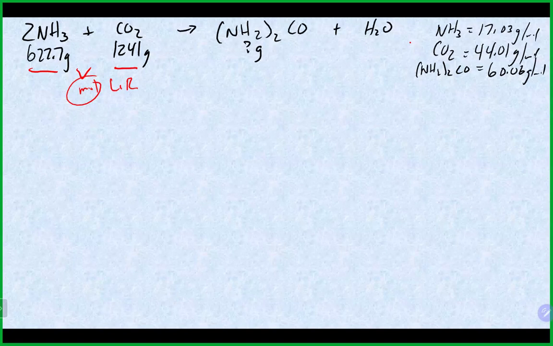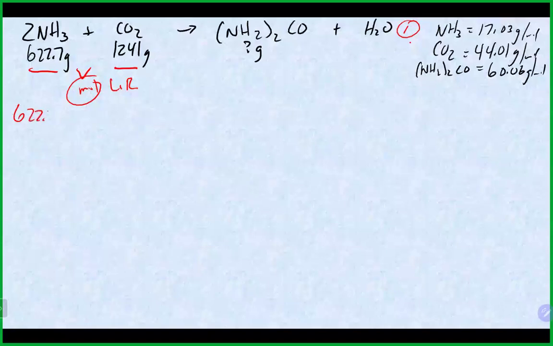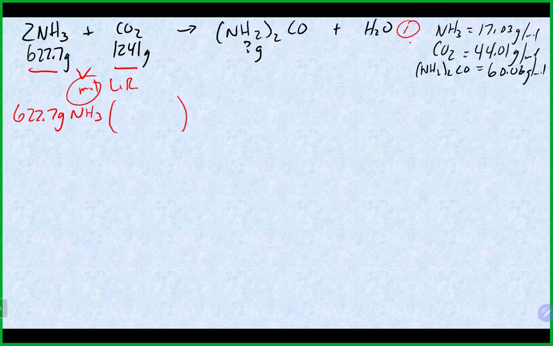So first things first, we want to balance it, which is already done. We then want to convert into moles. So we'll take our 622.7 grams of NH3. Once again, if they did not give you the molar mass of NH3, you would have to go to the periodic table and look it up. And in this case here, it looks like 622.7 divided by 17.03 is 36.56.